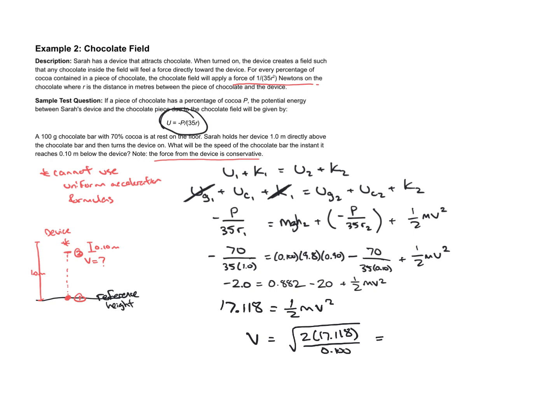Okay, so that is what I'll calculate out. Giving me, wow, that's really fast. It's 19 meters per second. So I hope that Sarah has really strong hands and can catch the chocolate bar when it's moving at 19 meters per second when it gets close to her device.